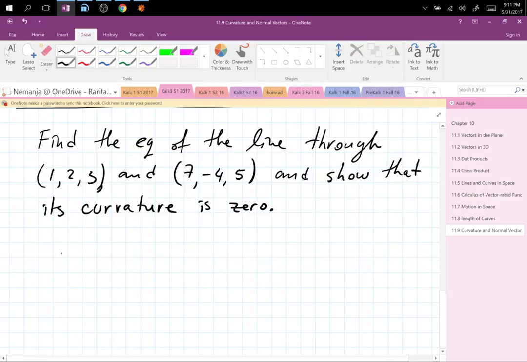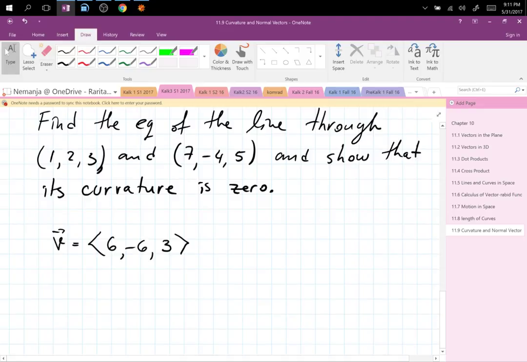So we start by creating a vector v, which is the three-dimensional slope for the line, by simply subtracting coordinates. 7 minus 1 is 6, negative 4 minus 2 is negative 6, and 5 minus 3 is 3. And we have the point (1, 2, 3) as the initial point.